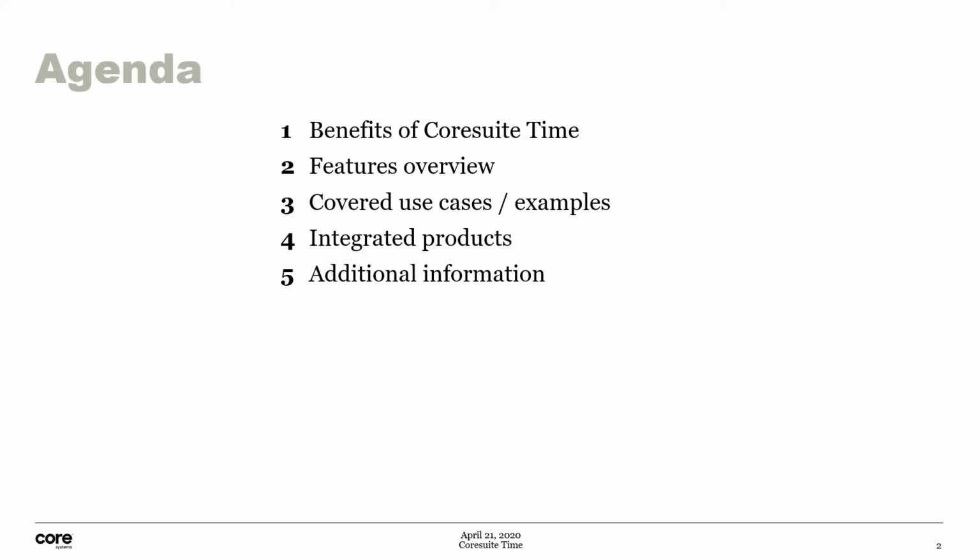Then I have some examples, or let's say use cases, where I want to show you those different features in a short presentation, and then integrated products as bullet point 4 and some additional information, just links and so on in the end, where you can find information about the product. That's what it is about today, to give you a little overview about Coresuite Time.